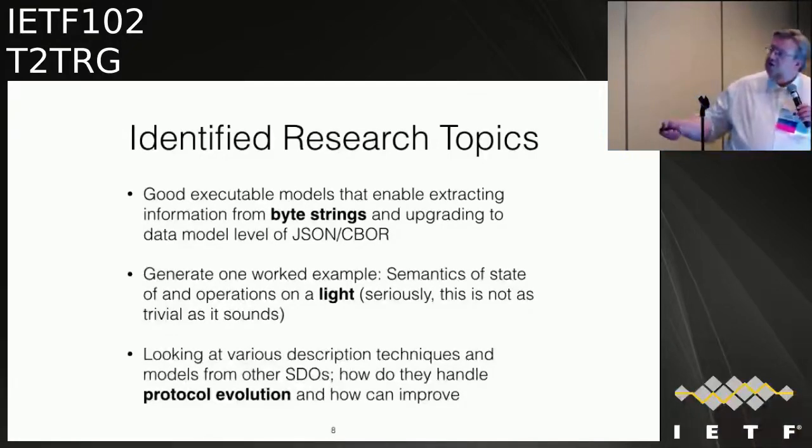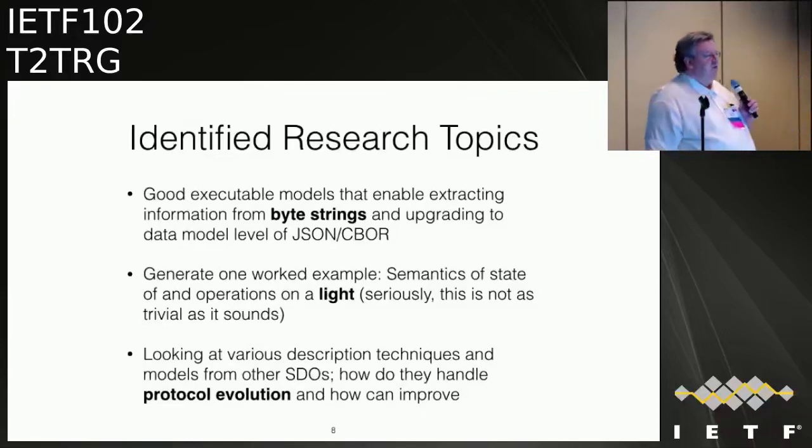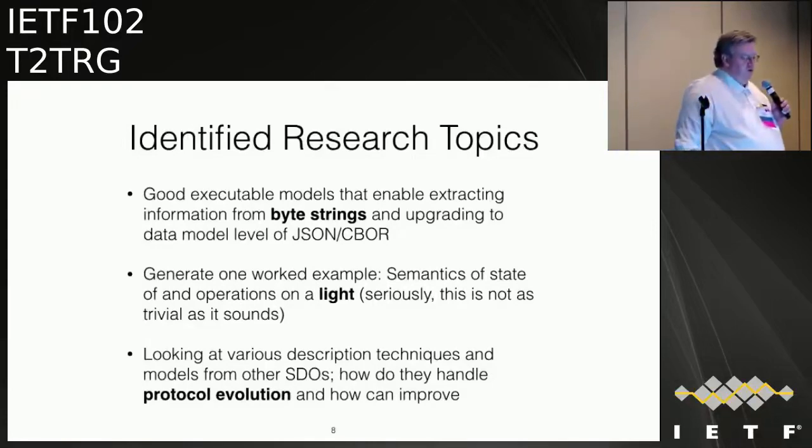The second thing we noticed is light bulbs usually make people smirk a little bit, but when you actually look much closer, there are some non-trivial issues around controlling and monitoring lighting.